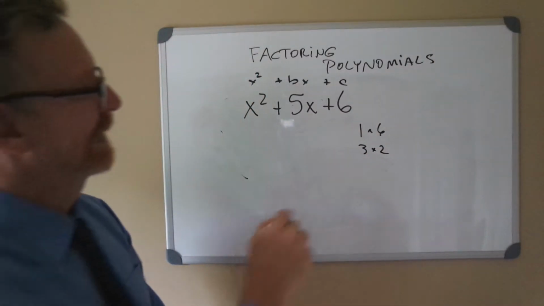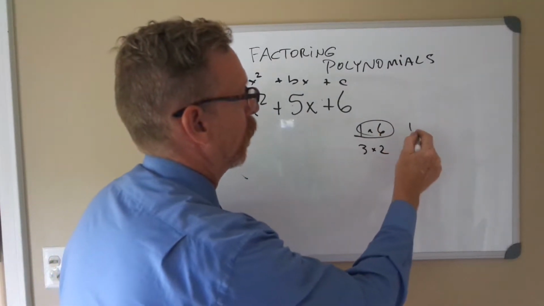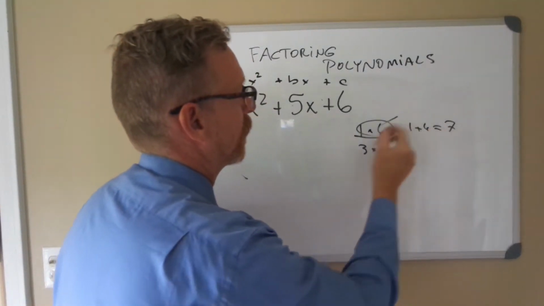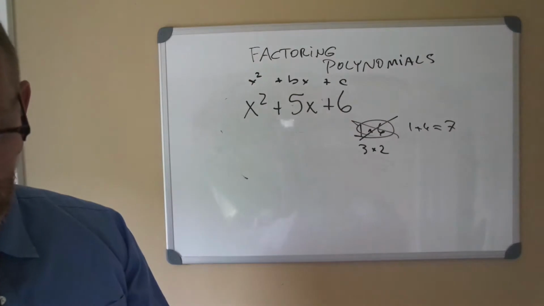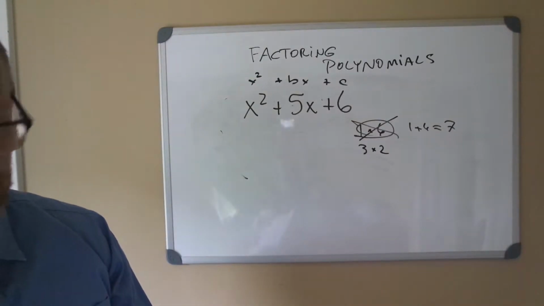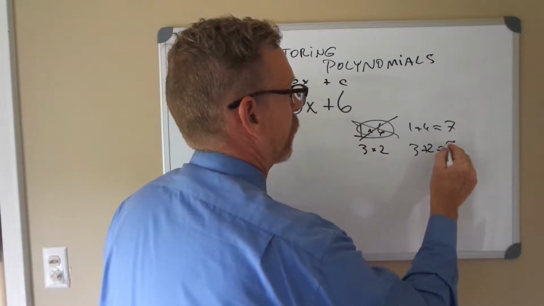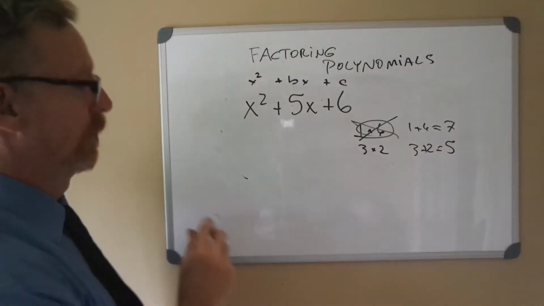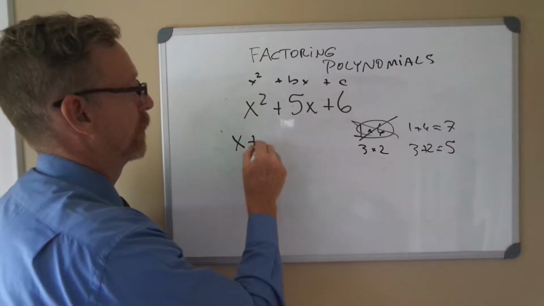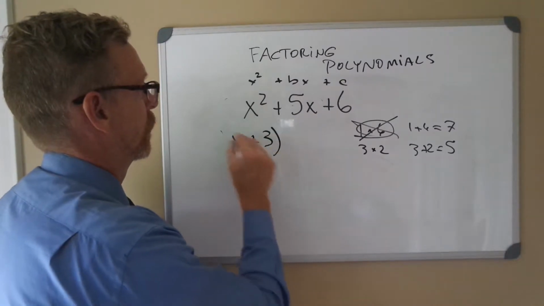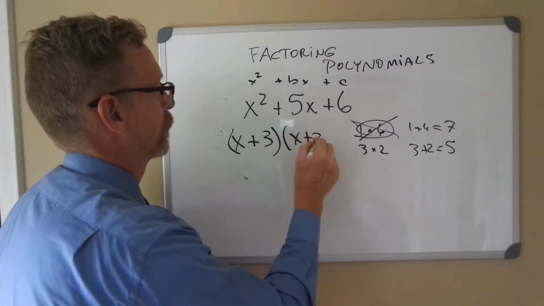But the sum of 1 and 6 is 7, so that's not right. And the sum of 3 and 2 is 5. That's equal to 5, so that would be the solution. So we'd get x plus 3 times x plus 2.